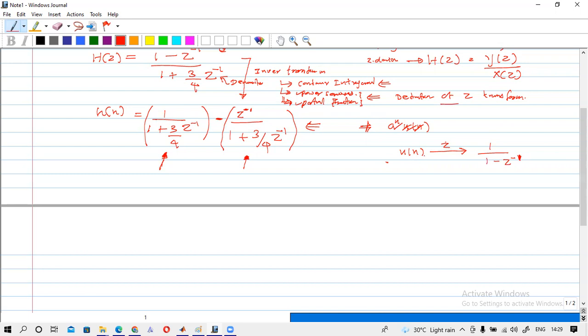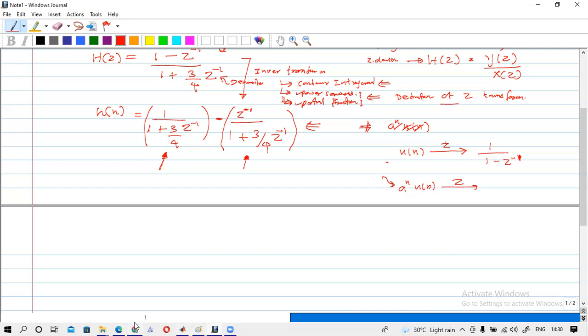So this data I have given, and if I ask to evaluate a^n u[n] using this, what is the answer? Can anyone tell me what property you have to use here? This kind of property is there and we have discussed it. So what is the property we have used?